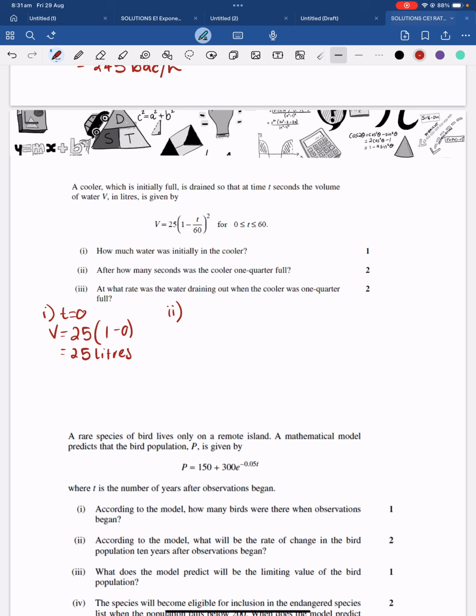Well, if it initially had 25 litres in it, I want to know when it's going to have 25 on 4 litres in it. And so rearranging this for T. So divide through by 25, it's just going to give me 1 on 4. Take the square root.